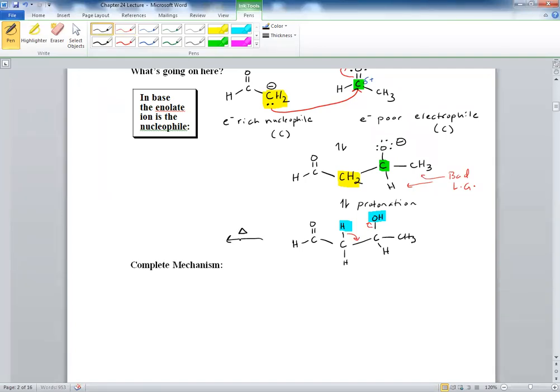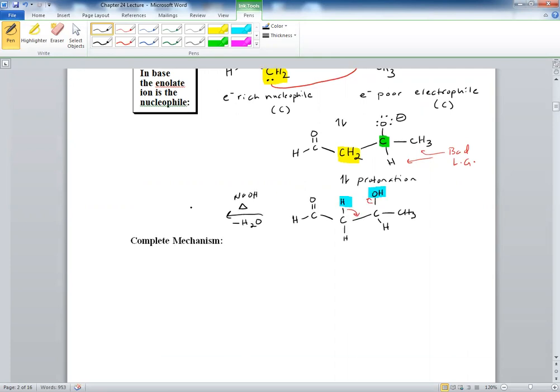And as I said, we have heat and NaOH. So we have dehydration, loss of water, minus water means we're getting rid of water. And then we have our aldol condensation product.